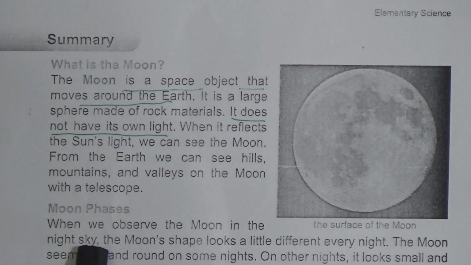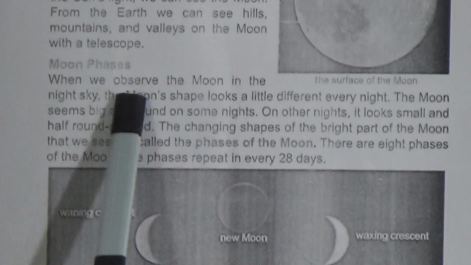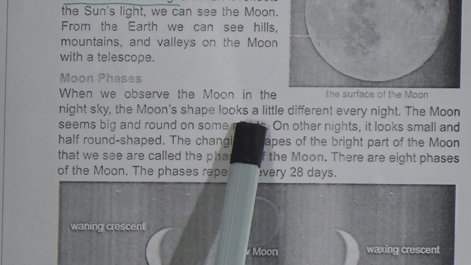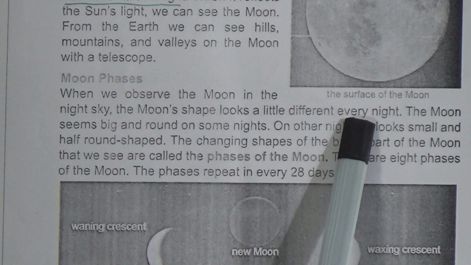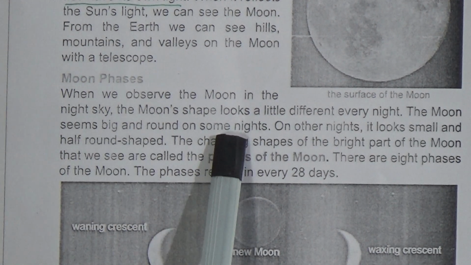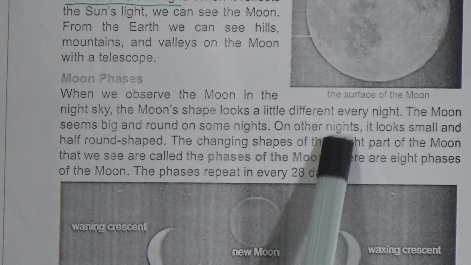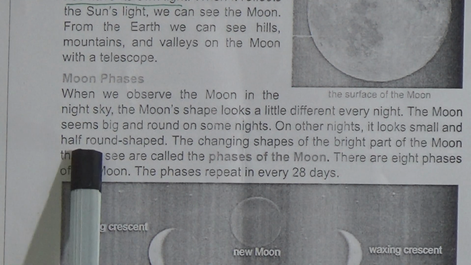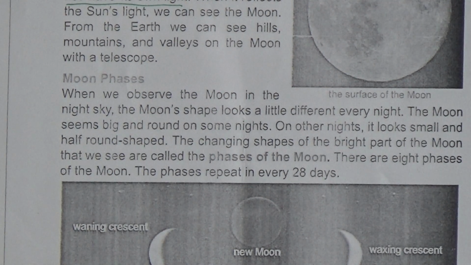Now moon phases. When we observe the moon in the night sky, the moon's shape looks a little different every night. The moon seems big and round on some nights. On other nights, it looks small and half-rounded in shape.